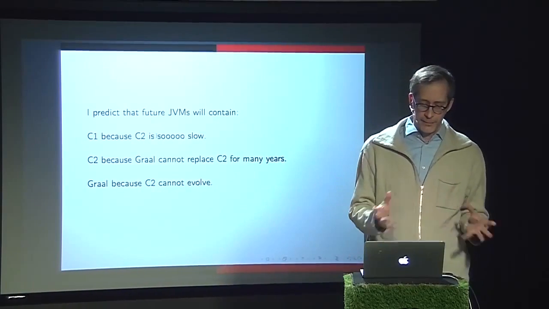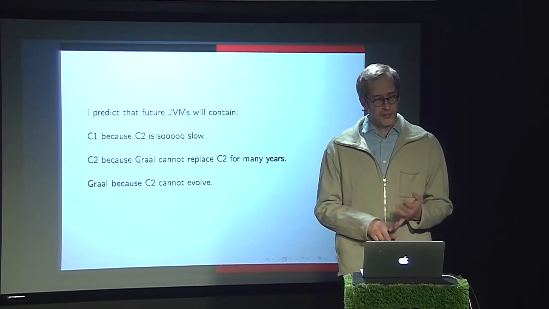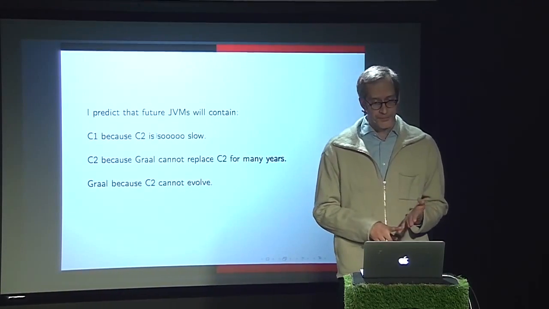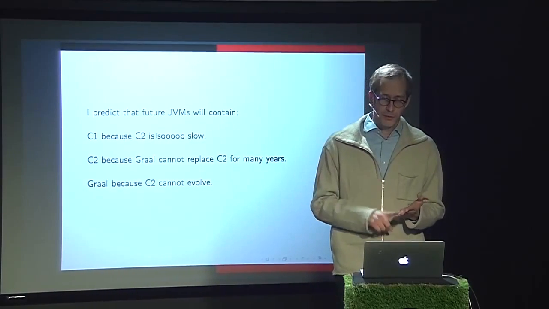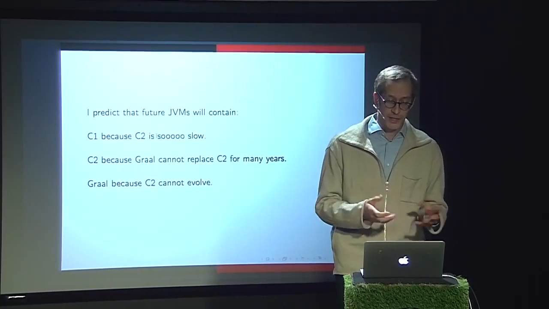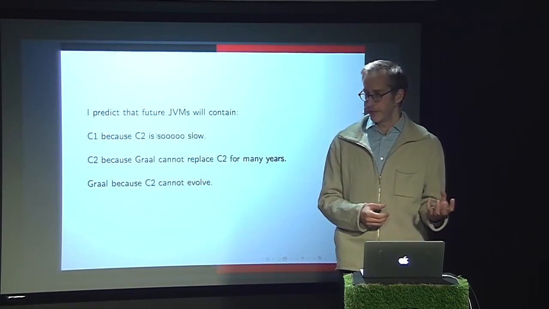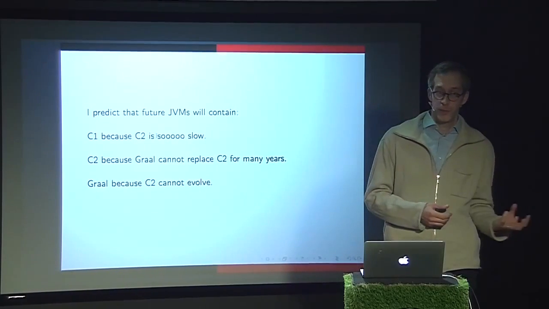So what will happen in the future with the JVM? Well, unfortunately, C2 is not going away soon. Because it's so slow, they can't use it in different situations, in particular for tiered. So they still maintain a completely different source code base in the same JVM. That's C1.